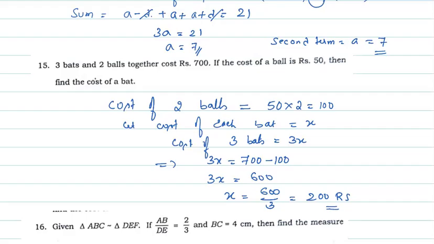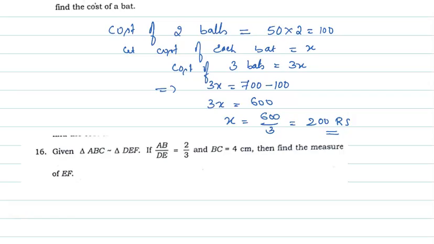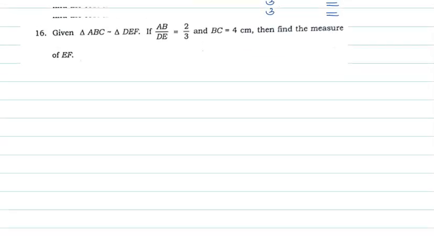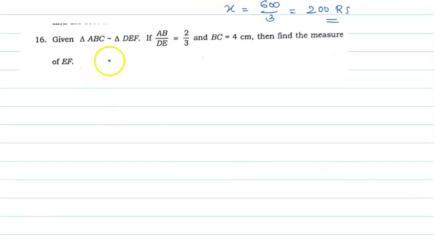Now I am moving on to question number 16. The question is like this. Given triangle ABC is similar to triangle DEF. Whenever two triangles are similar, we all know their corresponding sides are proportional.